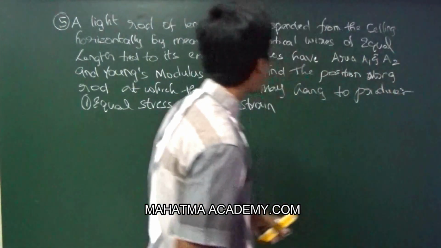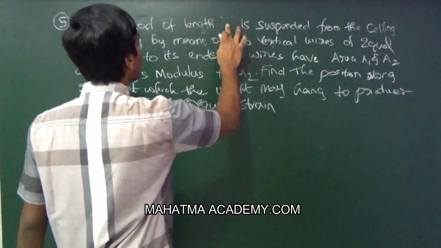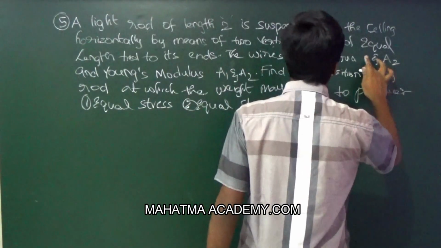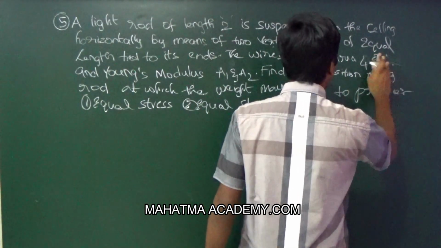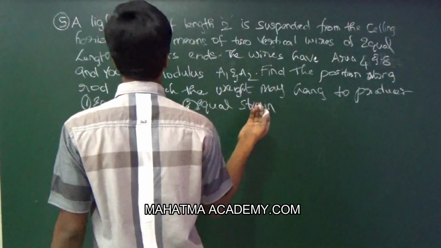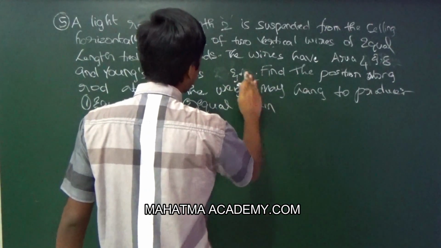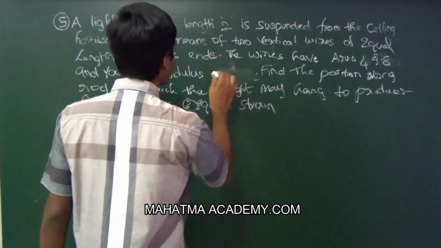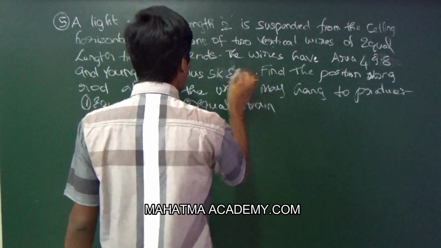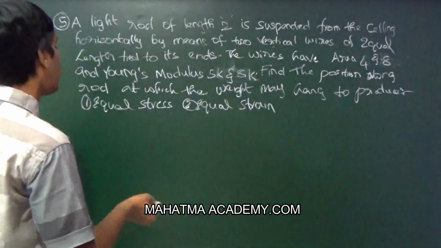Okay, now we will see. Suppose in place of length I take 2 meters, and the areas are 4 and 8, and Young's modulus is 5k and 8k. Okay, now we will solve.